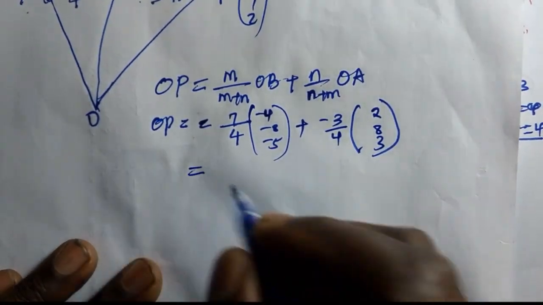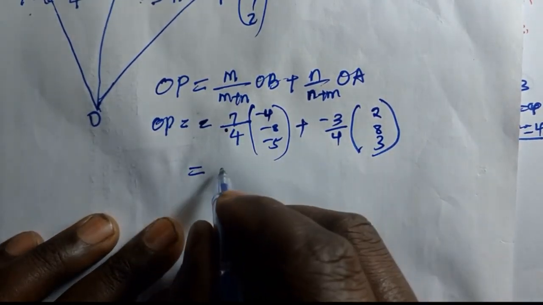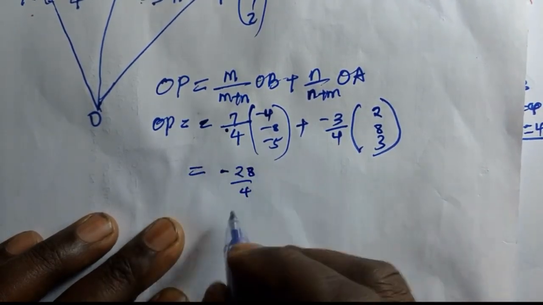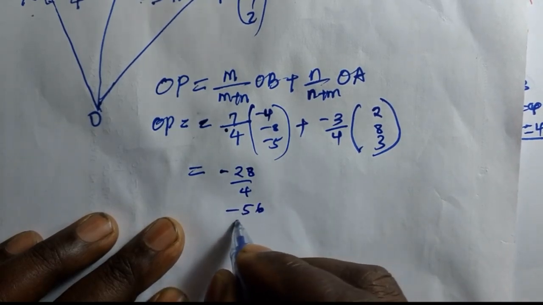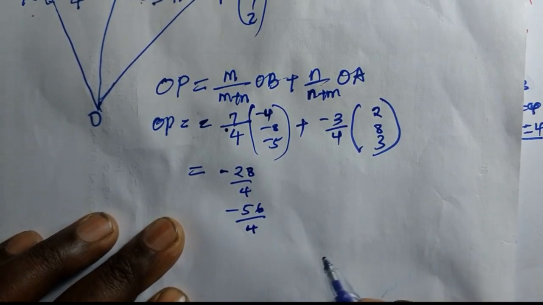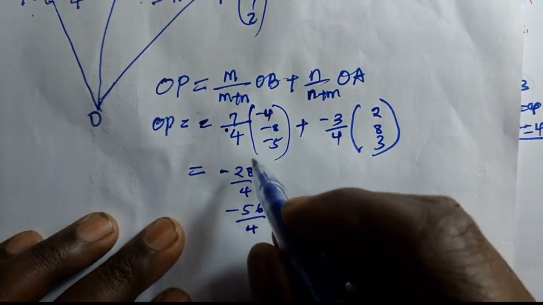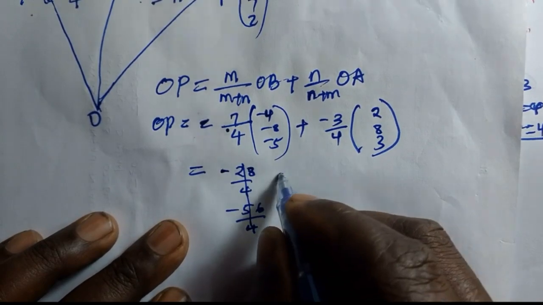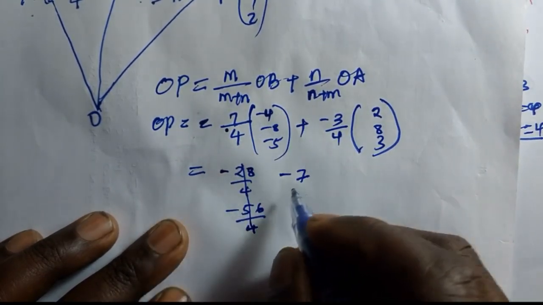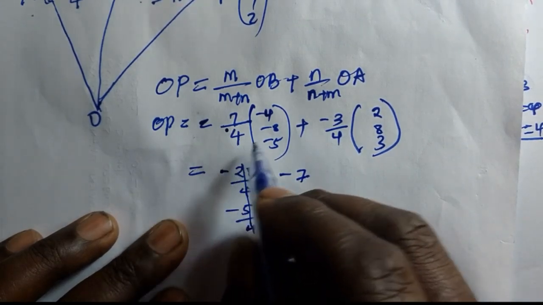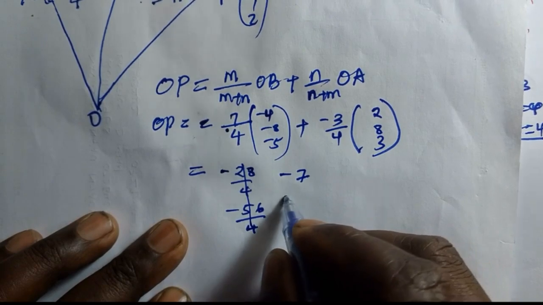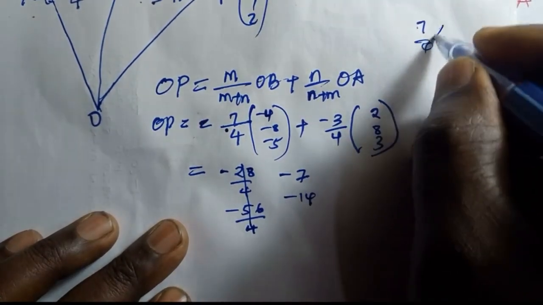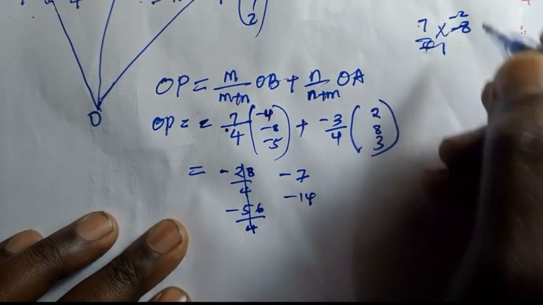This one is the same as this times that, you will get negative 28 over 4. This times this is negative 56 over 4. Actually, this cancels out, so 4 will cancel out, and we'll have negative 7. 7 over 4 times negative 8, we will have negative 14.